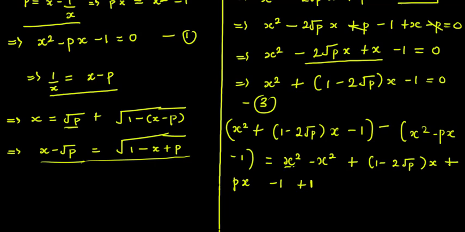So x squared is going to cancel minus x squared, and minus 1 is going to cancel this plus 1, and this is going to be equal to 0. So this implies that 1 minus 2 root p x plus px will be equal to 0.